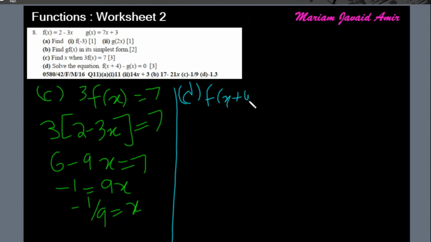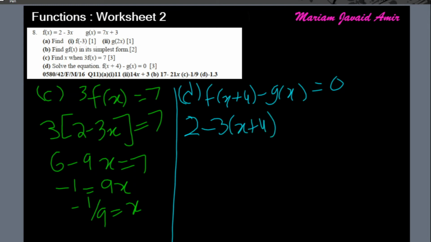f(x+4) minus g(x) equals 0. So in f(x), change x to x plus 4, and minus g(x) means write minus and then a bigger bracket 7x plus 3 equals 0.